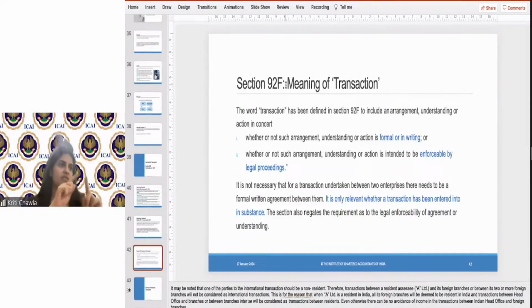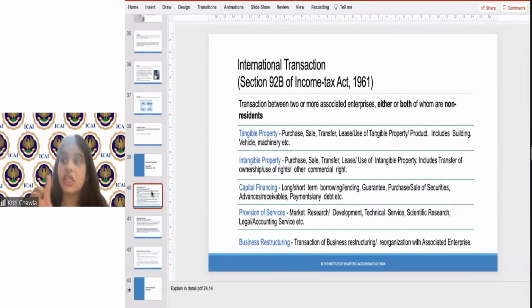Meaning to say that if there is a transaction between a parent entity and a subsidiary company, and this transaction is not documented properly in a written agreement, there is no intercompany agreement that exists, still this will be considered a transaction for the purposes of section 92F, and this will be considered an international transaction, and transfer pricing provisions will apply.